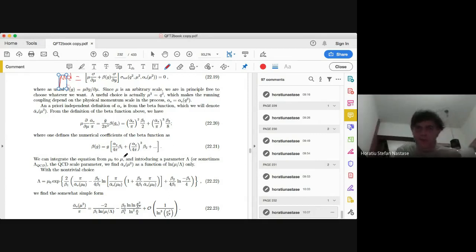Beta 1, beta 2, and so on are numerical coefficients. So we define this beta of g, and then plug in here, and we get this. We define this structure now.